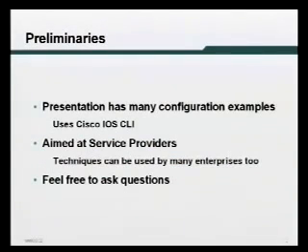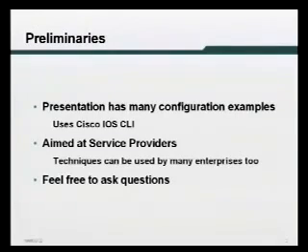I've put in quite a lot of configuration examples with the presentation. They all use Cisco IOS CLI. Hopefully you can understand that. If you don't, my apologies, but trust me, it's not really too hard. If there's anything that doesn't make sense, feel free to drop me an email afterwards or come ask me afterwards what the issue might be.